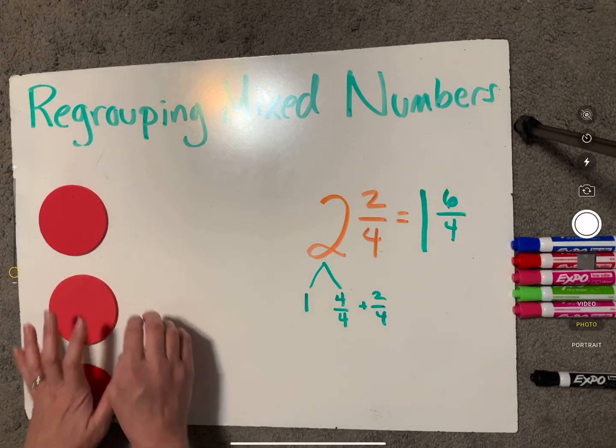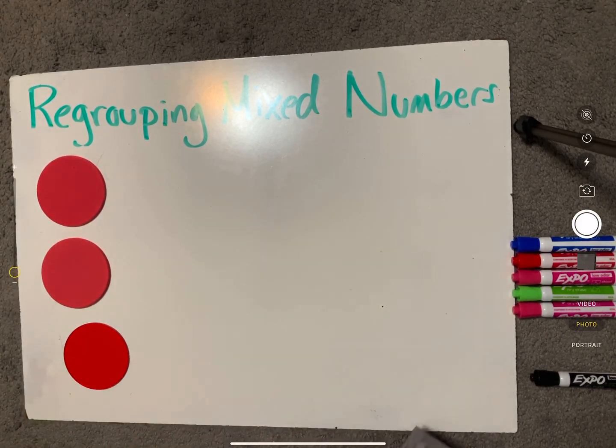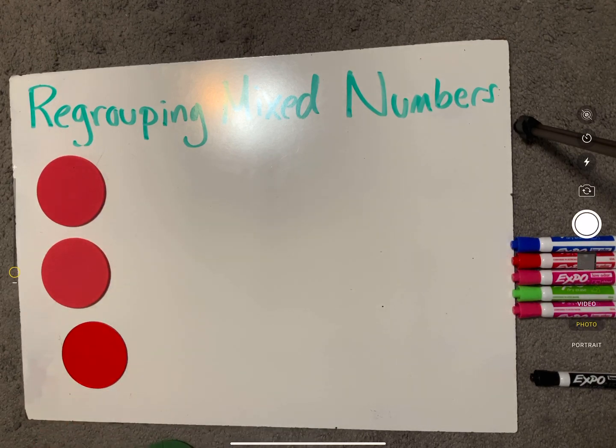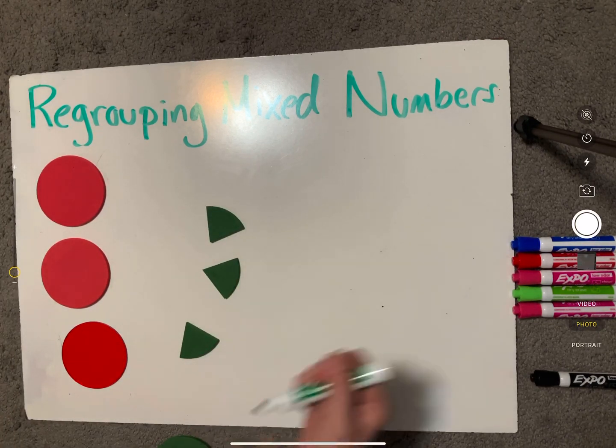Let's say we had 3, and I know this one's different. I didn't have enough opaque ones. This one is a transparent one. Let's do 3 and let's do 5ths this time. All right, so 3 and let's do 3/5. So 3 and 3/5.